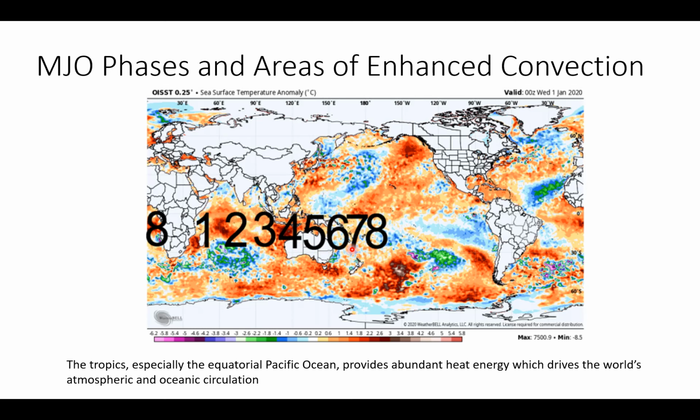And then phases 6 and 7, general Western Pacific convection or enhanced rainfall. And then MJO phase 8, two locations really, one off of the western coast of Africa, the other in the vicinity of the international dateline, which is represented by this 180 degrees west longitude line. So MJO plays a big role in the overall weather. It's a pulse that moves eastward within the tropical areas from the Indian Ocean to the Pacific.